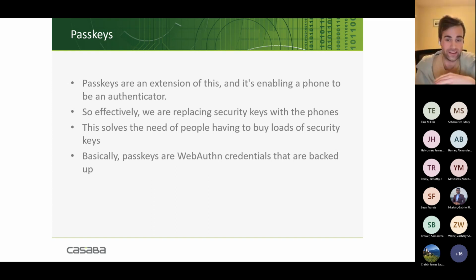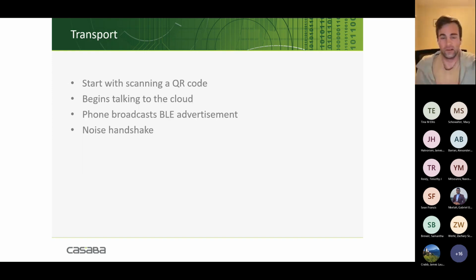And really, all they are is just WebAuthn credentials that are backed up and synced across your devices. So the only thing that ever really changed in all of this was how the data is transported between the phone and the computer. And this is where we start to get into the more complicated CTAP and what specifically is going on.